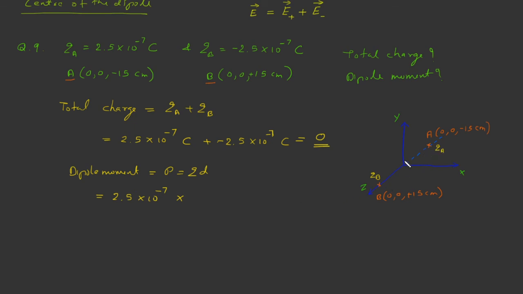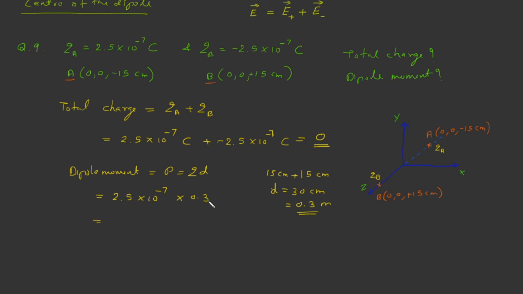We know the distance from center to QA is 15 centimeter, and distance from center to QB is 15 centimeter. Therefore, the distance D is equal to 15 plus 15, that is equal to 30 centimeter. We know it is equal to 0.3 meter. So D is equal to 0.3.